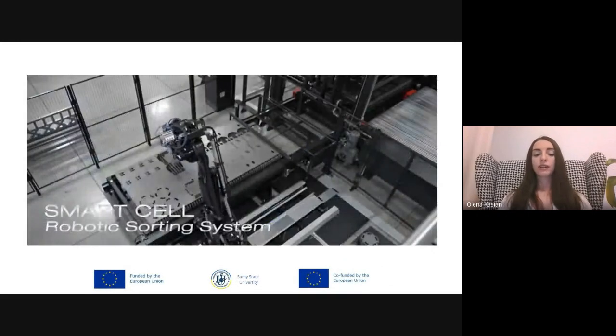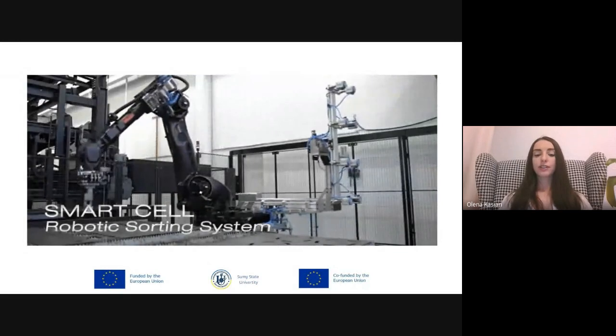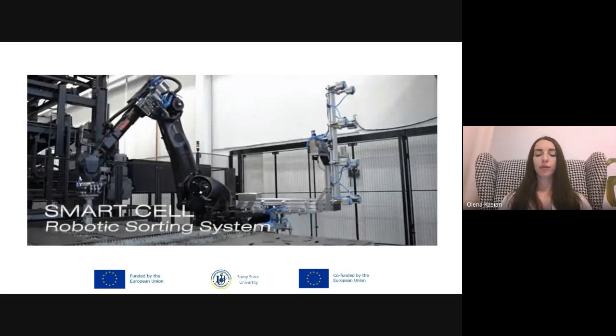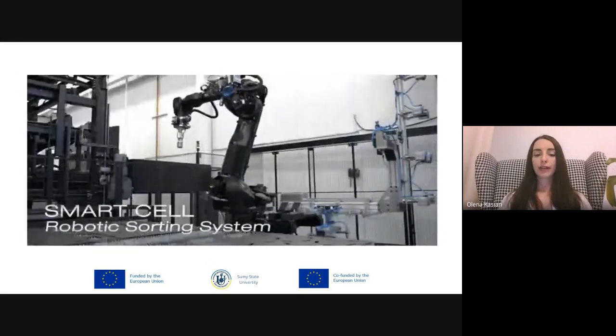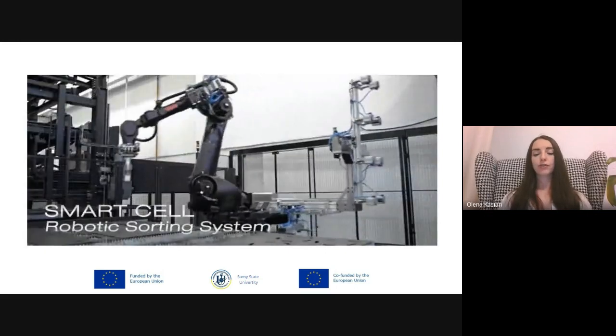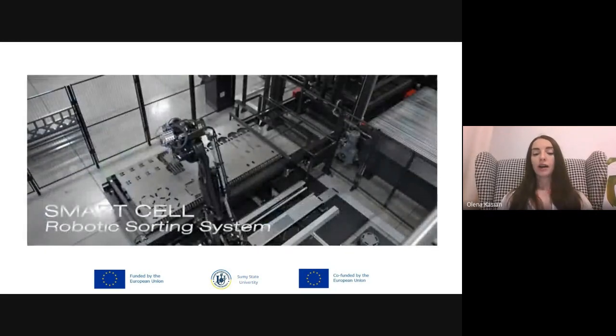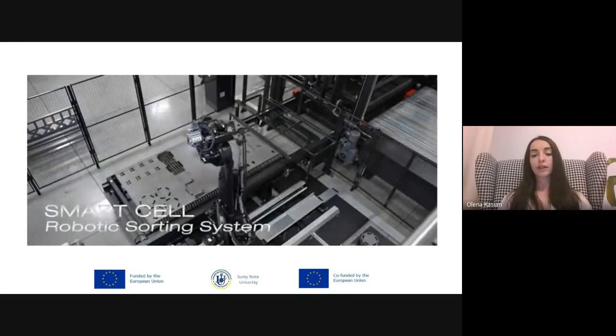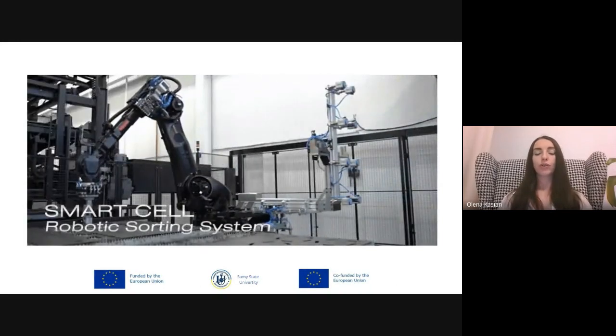So smart cell industries such as these require digital technologies such as the analysis of mass volumes of information by AI, a combination of modularized equipment for each manufacturing process, experimental humanoid robots, and also networking of all these elements.